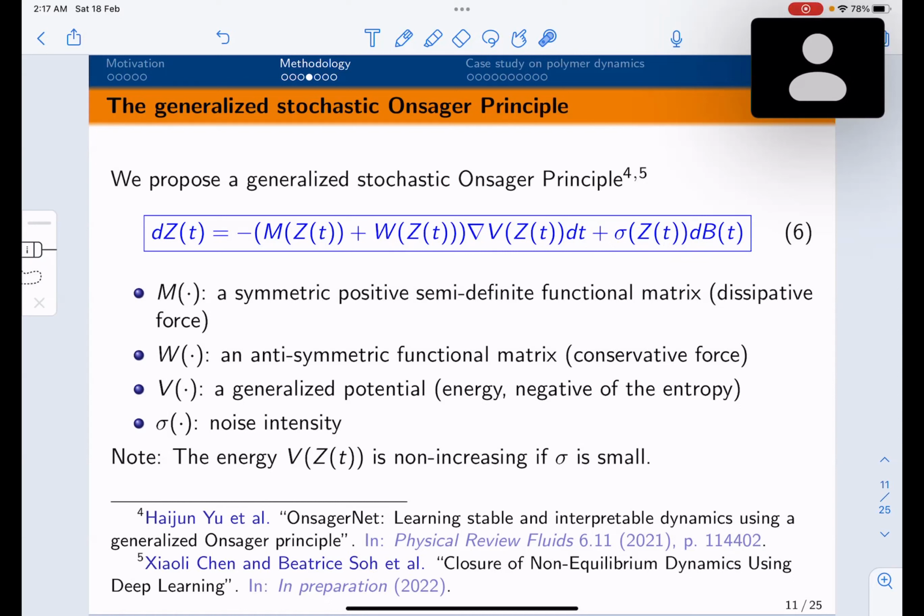Actually, if the noise is very small, the energy V is non-increasing. For the orthogonal principle, in this paper they didn't do the stochastic version. They just considered a deterministic version of this model.